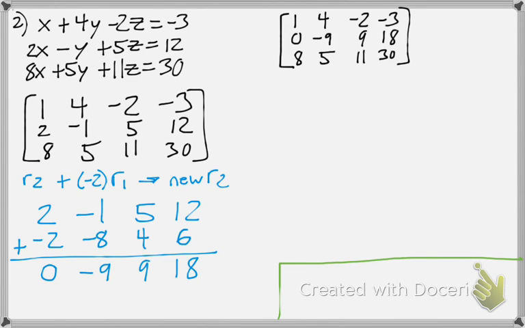Okay, so I have the 0 in the second row. Now I need to get the 0 in the third row. So if I take row 3 and I add -8 times row 1 and make that my new row 3, then it should eliminate that 8.